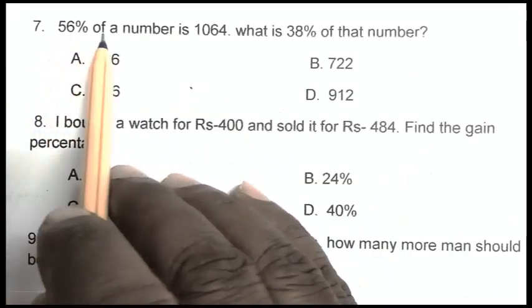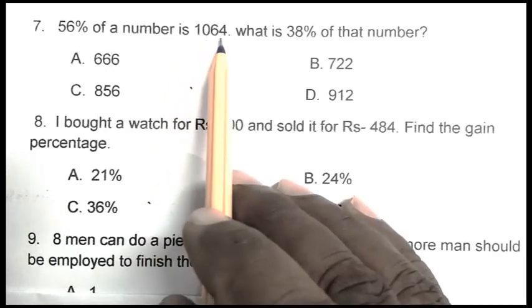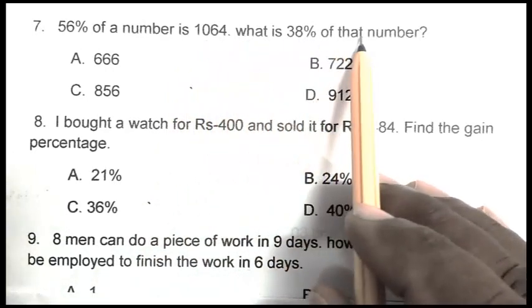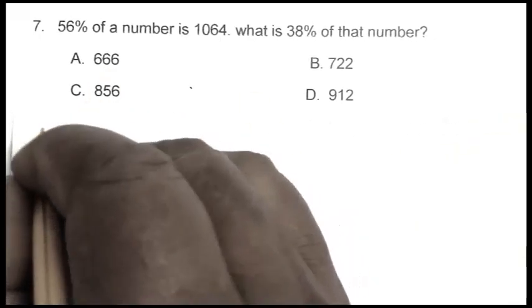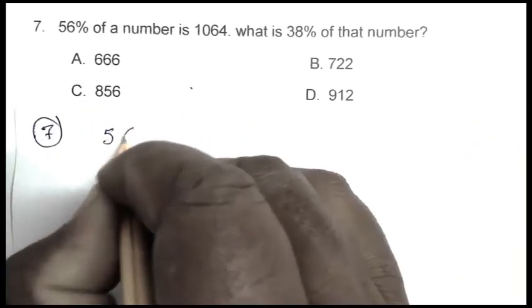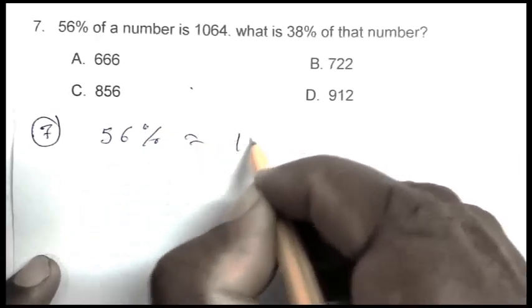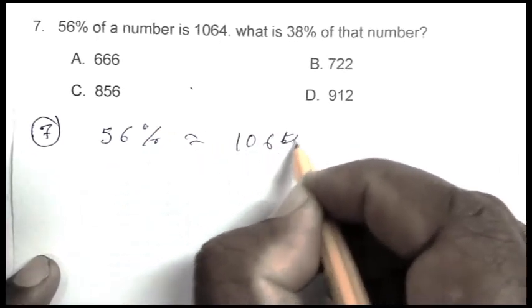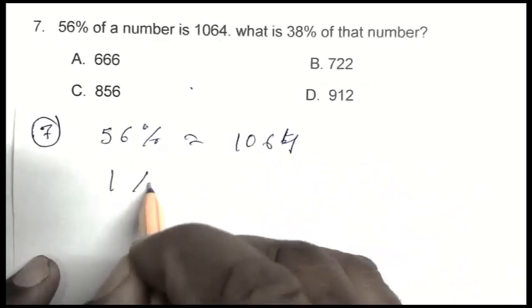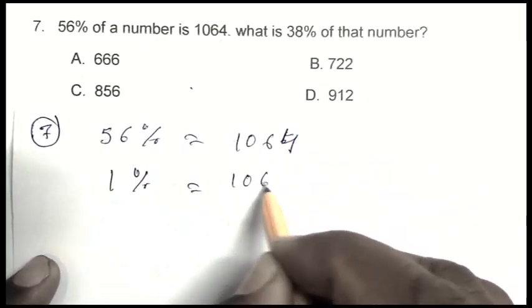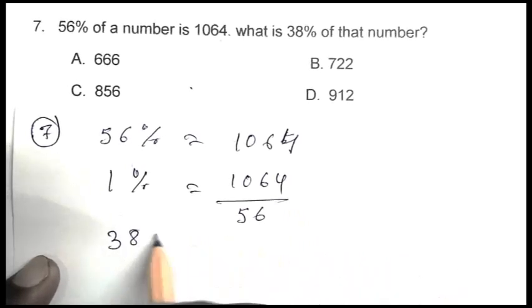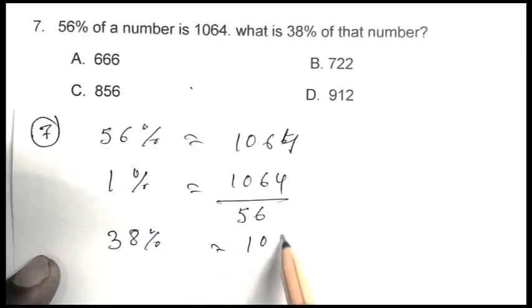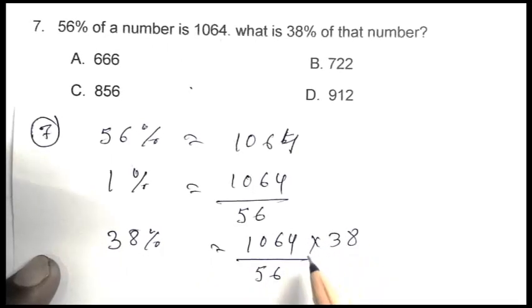Question number 7. 56% of a number is 1064. What is 38% of that number? So we simply calculate. 56% equals 1064. 1%, that is 1064 by 56, and 38%, that is 1064 by 56 into 38.